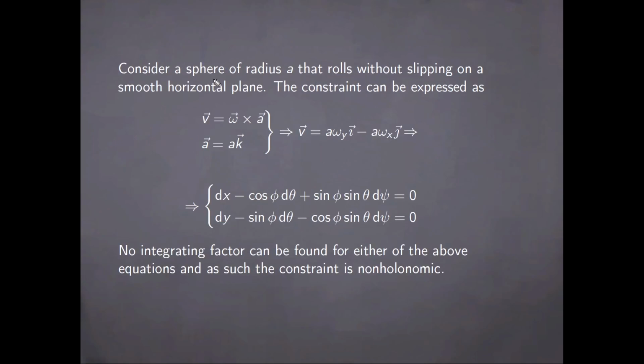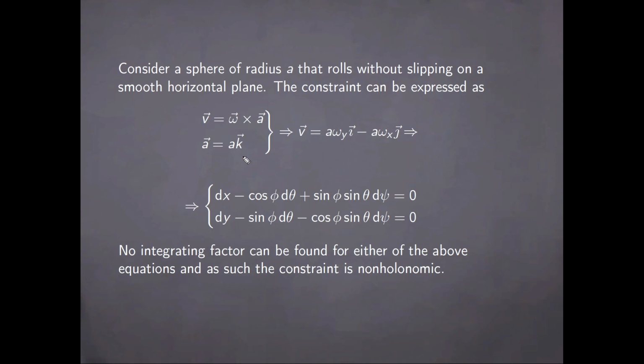As an application, we can consider the case of a sphere of radius a that rolls without slipping on a smooth horizontal plane. This constraint can be expressed as follows. The velocity vector v represents the velocity of the sphere's contact point with the horizontal plane, and this will be simply given by the cross product between the instantaneous angular velocity of the sphere and this constant vector a, which in magnitude is equal to the radius of the sphere, and its orientation is parallel with the z-axis.